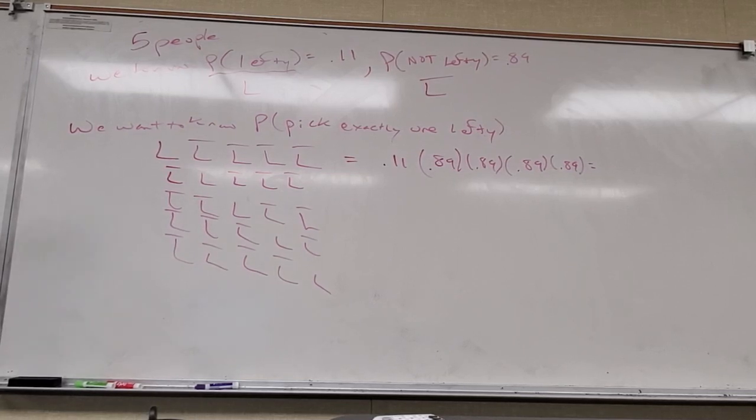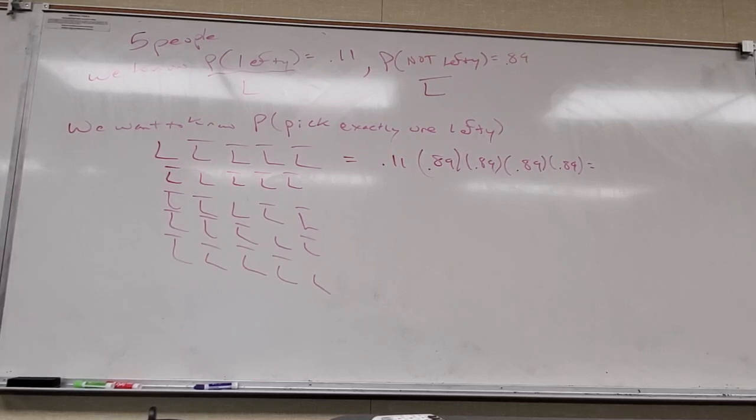Even with just 5 people, how do I start? I want 2 people. It could be the first 2, or it could be the last 2, or it could be the middle 2, or it could be the first one and the last one. It could be the first one and the second. That is already kind of a large list, yes?